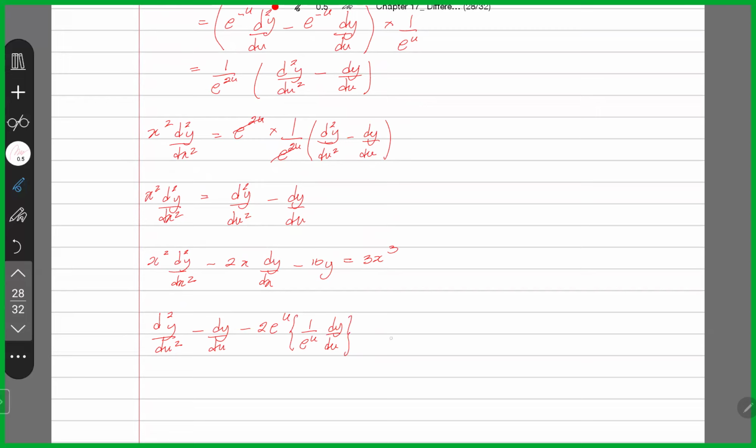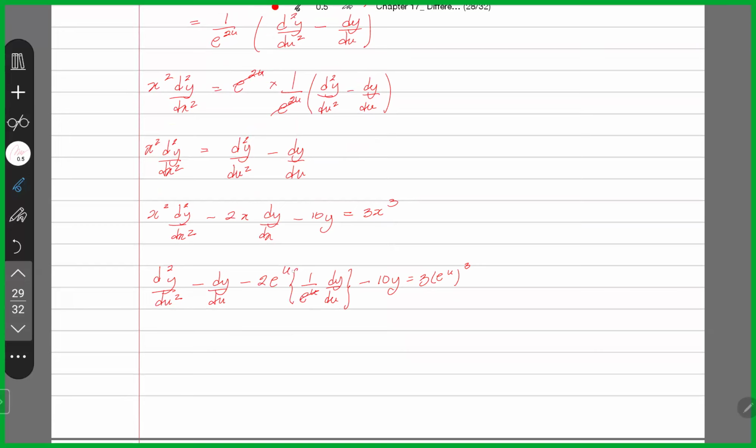So it's minus 2x dy by dx minus 10y, but y stays, is equal to 3x, which is e to the u, cubed. Simplifying, e to the u here cancels e to the u.